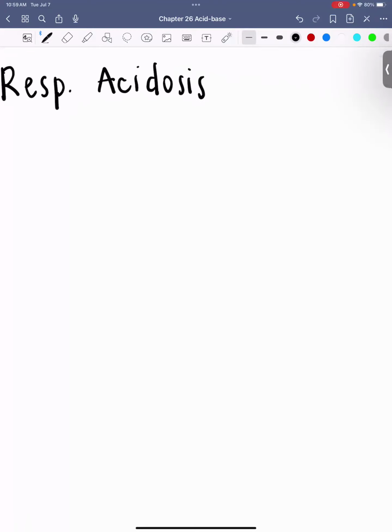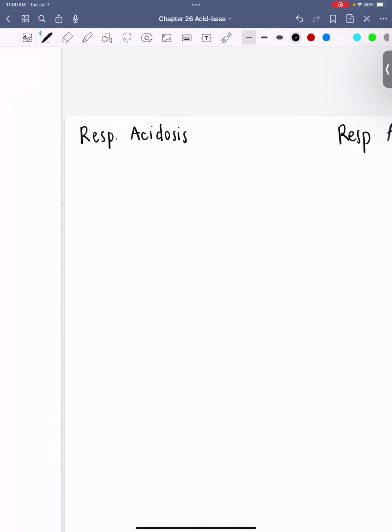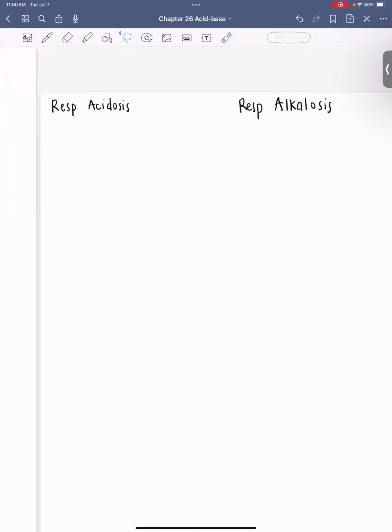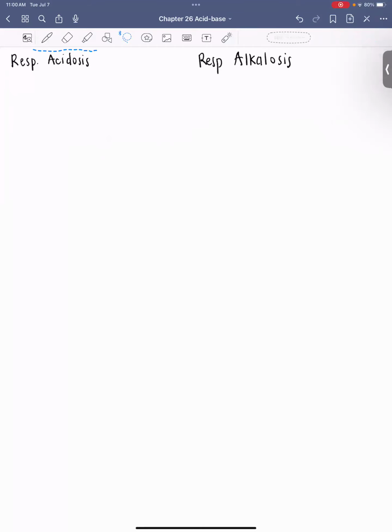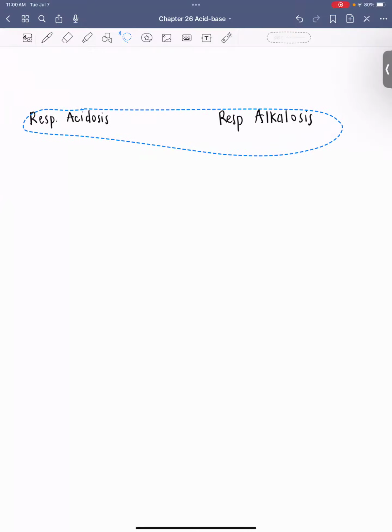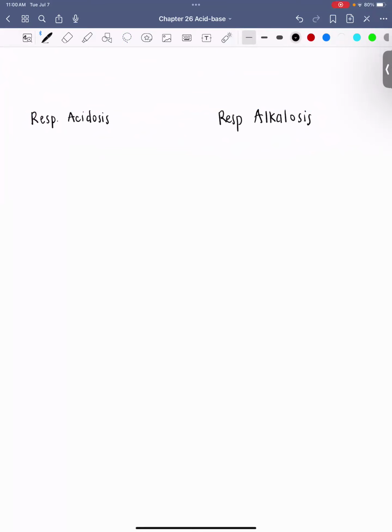So in respiratory acidosis, let me back up a little bit, because the first thing that you need to know, if you're given a set of values, is the normal ranges before you can determine what the imbalance is.